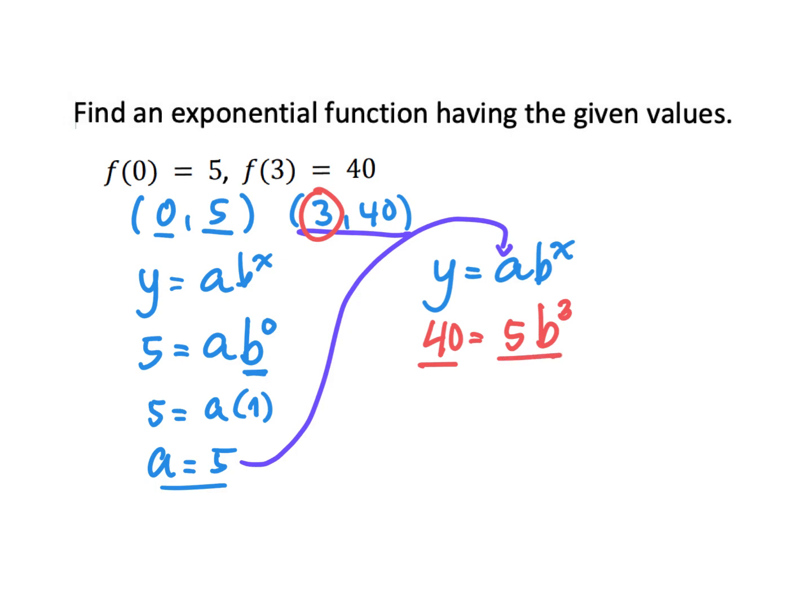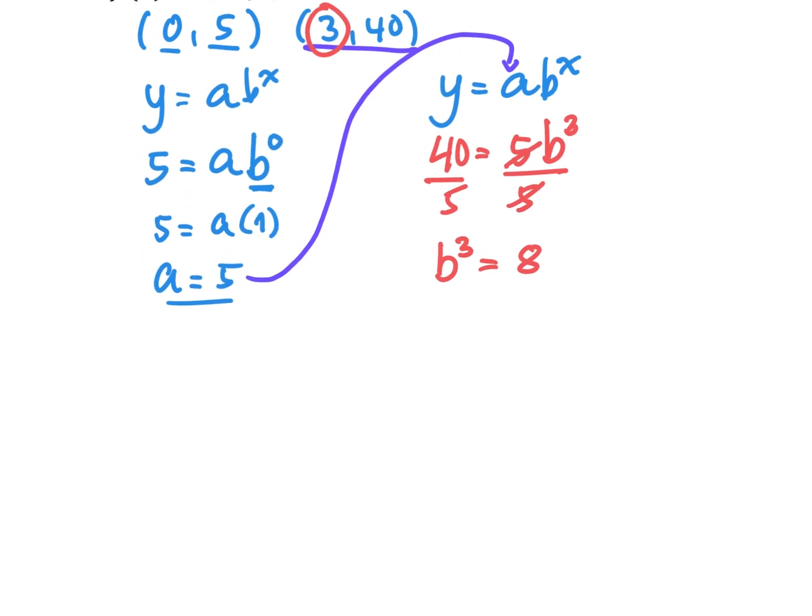So divide everything by 5. The 5s cancel out. What is left is b cubed is equal to 8. Now we're going to get the cube root of this. It cancels out. So what is left now is b is equal to 2. The cube root of 8 is 2.